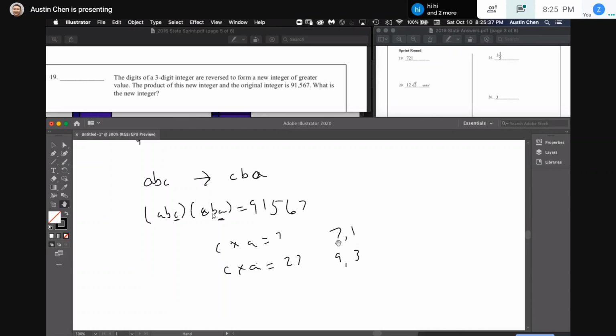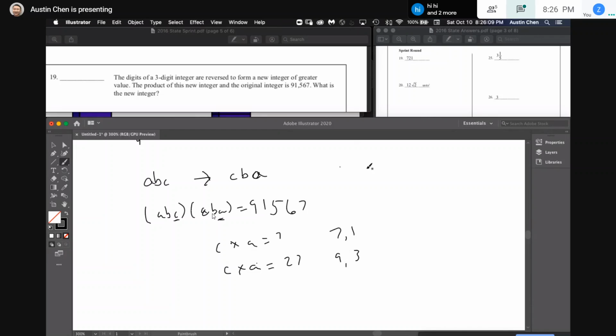It's only like two cases. Sure, let's just test them. So let's first test C and A being in the set of 7 and 1.